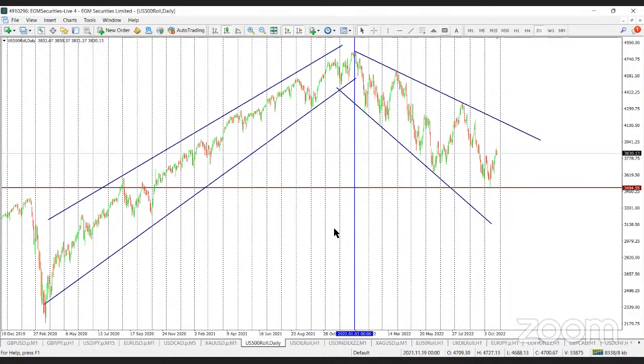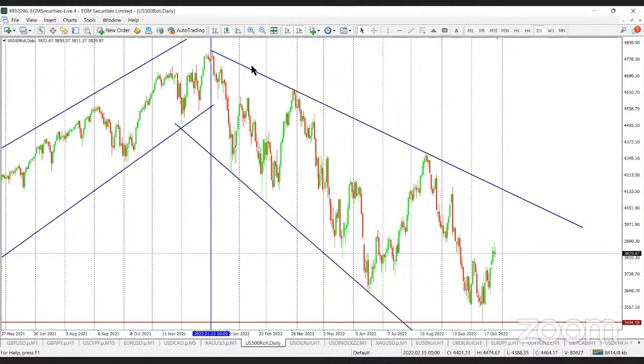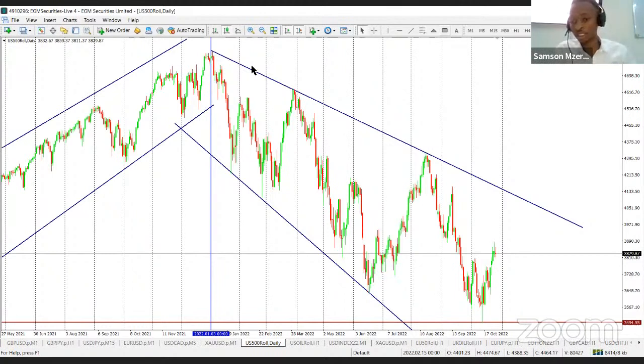So in this case, you can join technical analysis to fundamental analysis, in that you're trying to have an explanation for these moves. The most recent move we had was an uptrend in the markets.